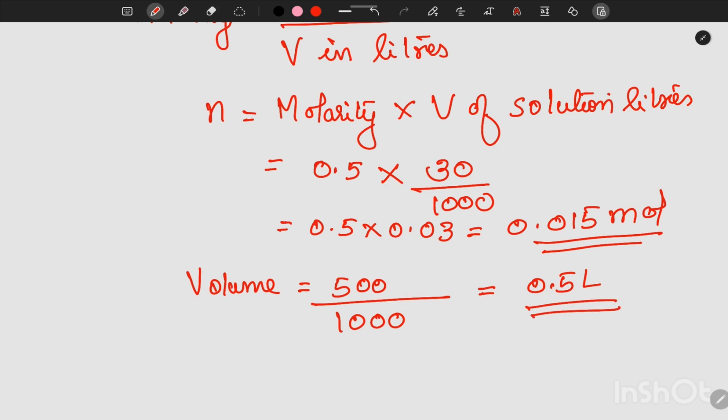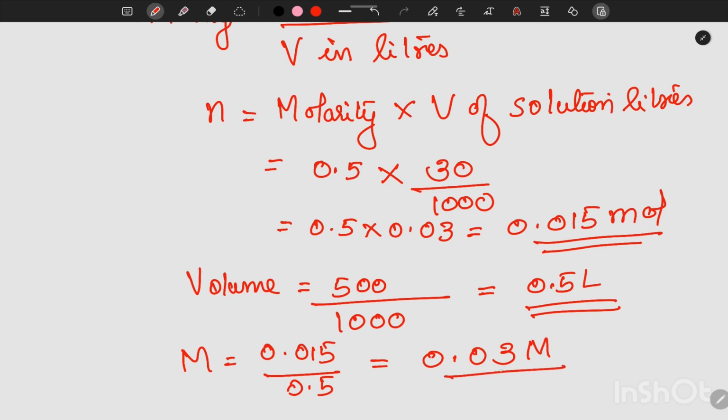Now molarity is equal to number of moles. Already we know the number of moles, same solution only, 0.015 divided by 0.5. So you will get 0.03 molar, or mole per liter. Both the ways you can use, anyone which seems to be easy you can apply.